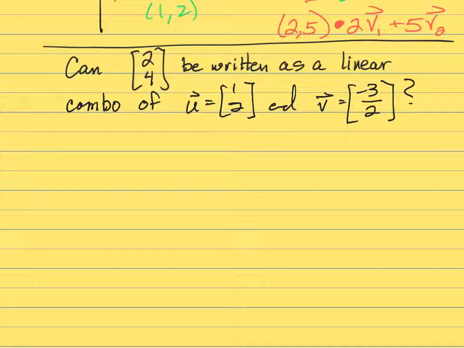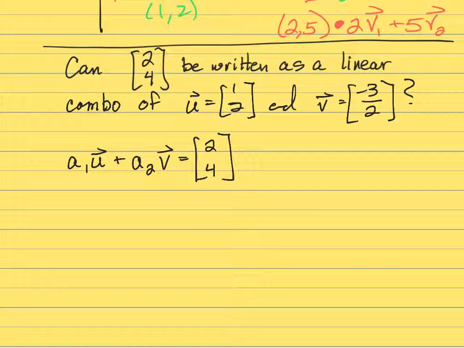What we're asking is: is it possible for me to take some constant times U plus some other constant times V and get 2, 4? So I'm using a certain number of U's and a certain number of V's to end up with 2, 4. That's what it means to be a linear combination.